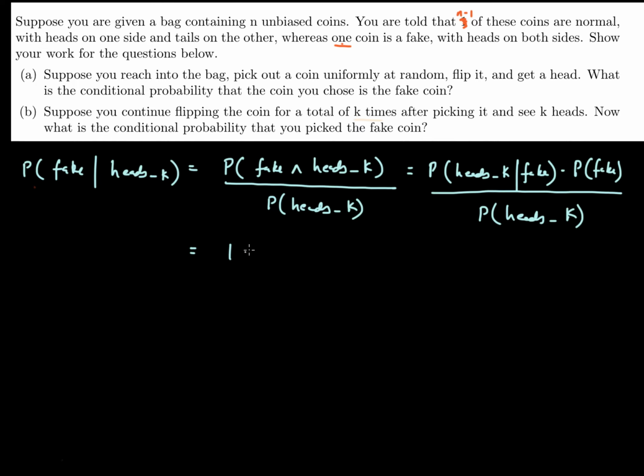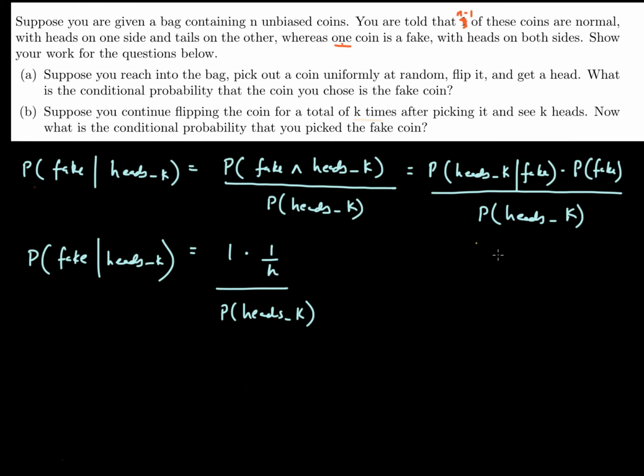So that's exactly 1 times the probability of you selecting a fake coin, which is 1 over n, divided by the probability of me seeing heads occurring k times. This entire thing is equal to the probability of fake, given that you have observed heads occurring k times.